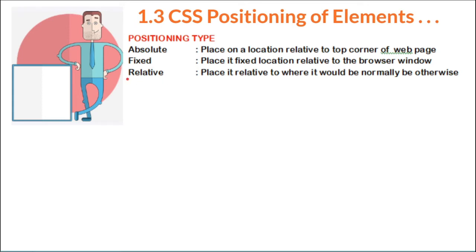And then finally we've got relative placing, where we can place the item relative to where it would have been otherwise by default. So absolute is the browser window, and fixed is the web page, and relative is on the individual web page, place it somewhere different to what would be applied normally.